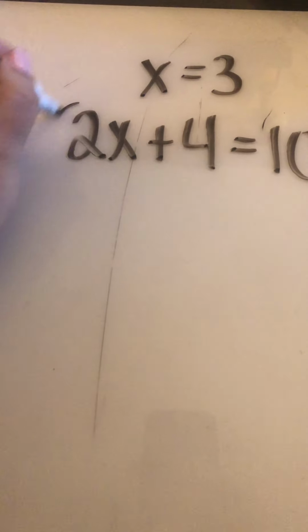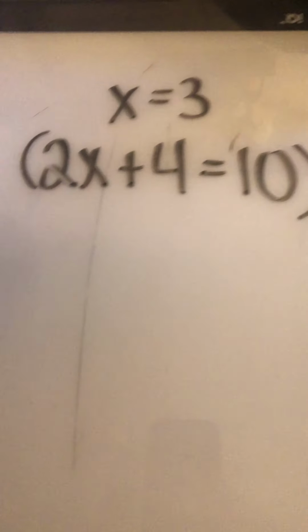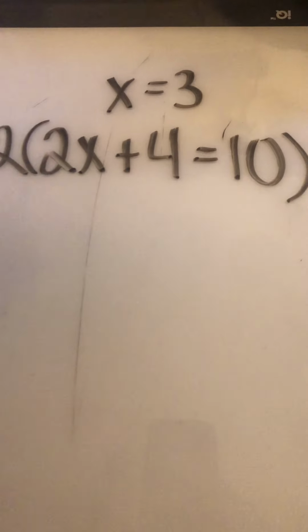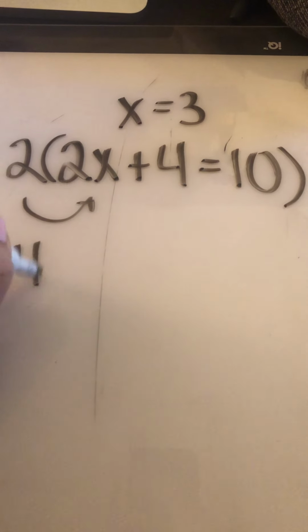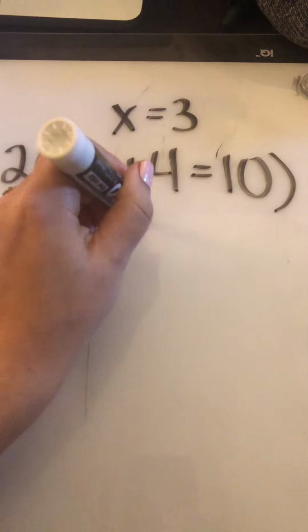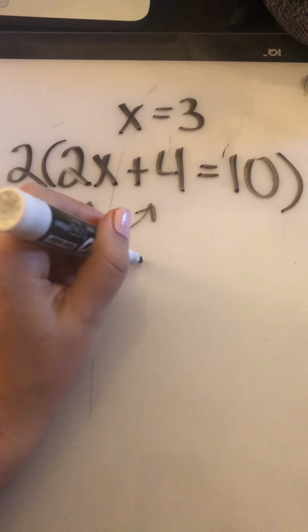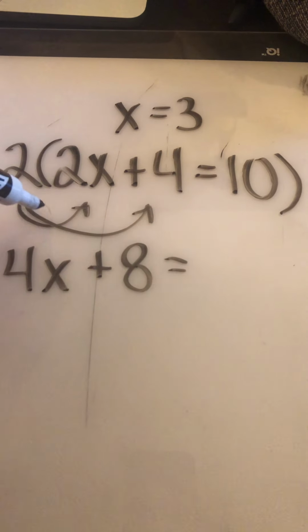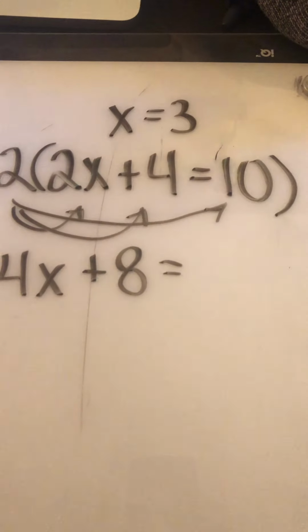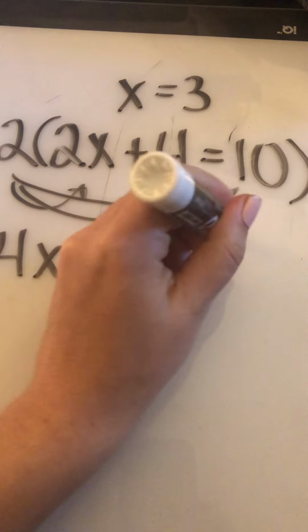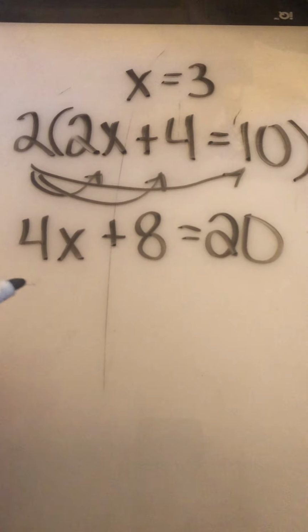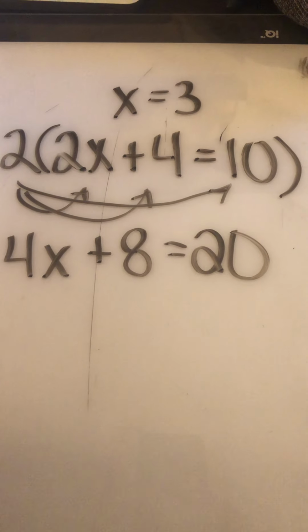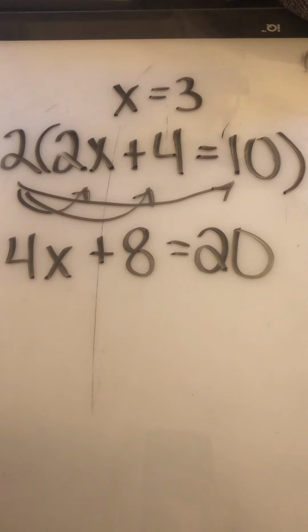If I was to take this entire equation and multiply it by 2, let's say, right? So now I would get 4x + 8 = 20, because 2 times 10 gives us 20. If I was to solve this equation, what do you think x is going to equal? 4 times what number plus 8 equals 20?